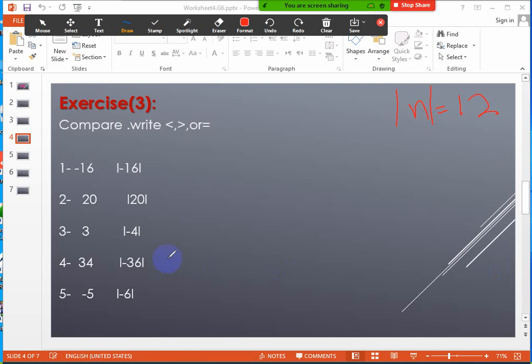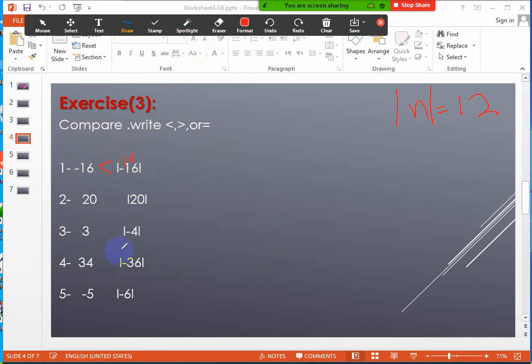Which one is the greater? Very good. Why is this number the greater? Because the absolute value of negative 16 equals 16. 16 and negative 16, of course 16 is the greater.